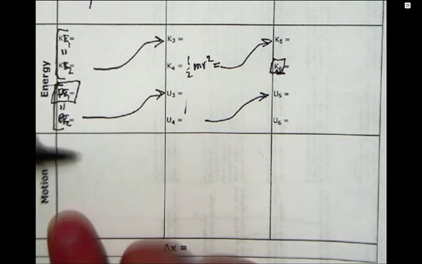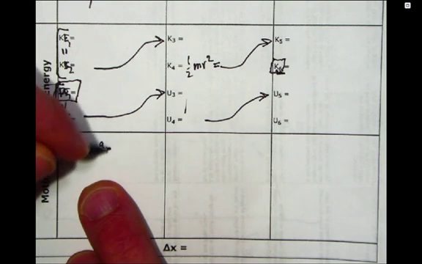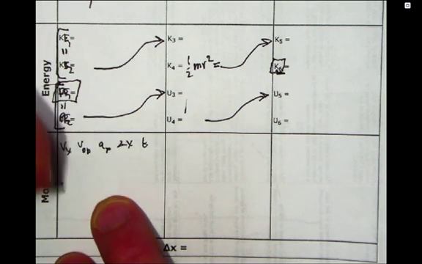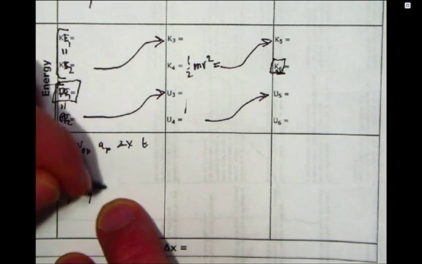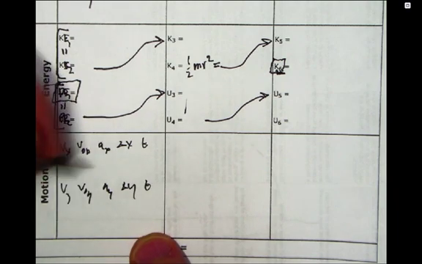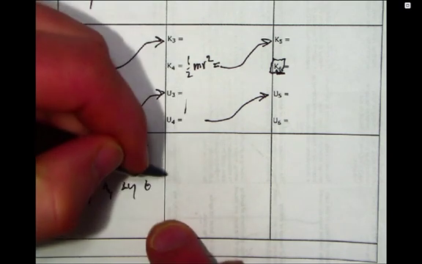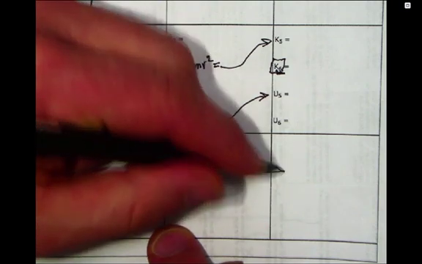So in the motion boxes down here, you want to do your variable tables. So vx, v naught x, ax, delta x, t, vy, v naught y, ay, delta y, and t. And you want to fill these in. Now for equilibrium, that's going to be pretty easy because it's not moving at all. They're all zeros. But for the next two boxes, they're not as easy.